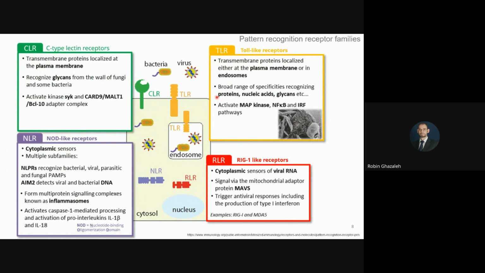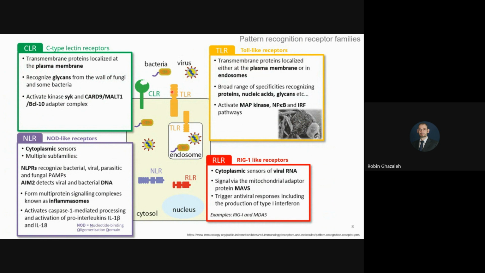So there are some common patterns within the patterns, if you like. The first one is that two of these pattern recognition receptors are associated with membranes. So CLR, which stands for C-type lectin receptors, those are transmembrane proteins. And the toll-like receptor are also transmembrane proteins.